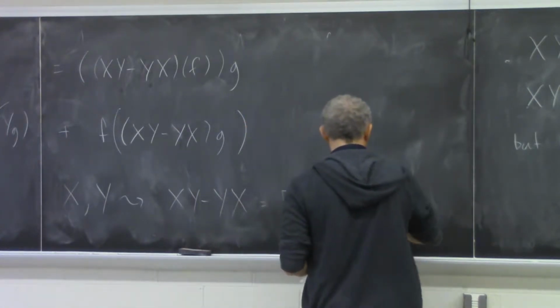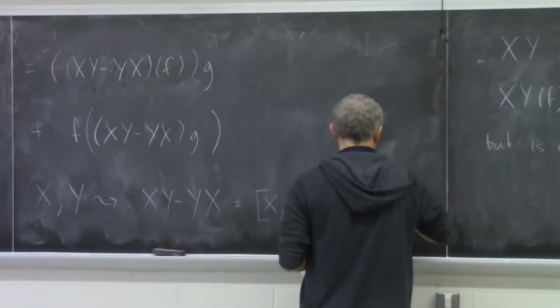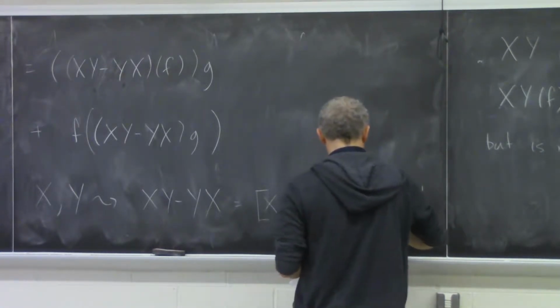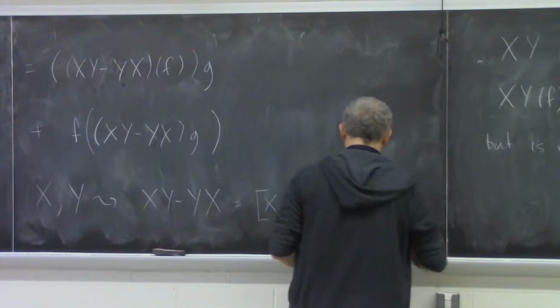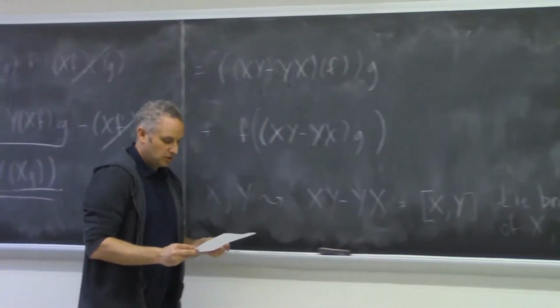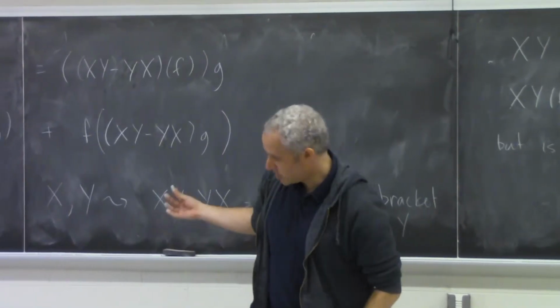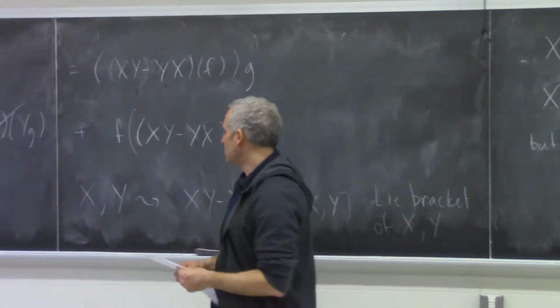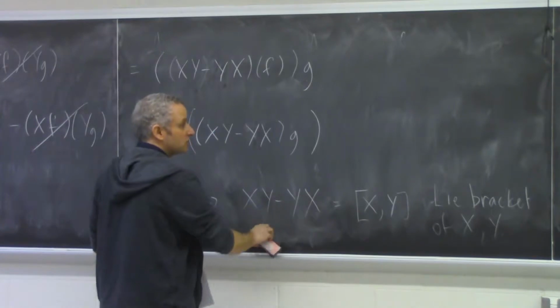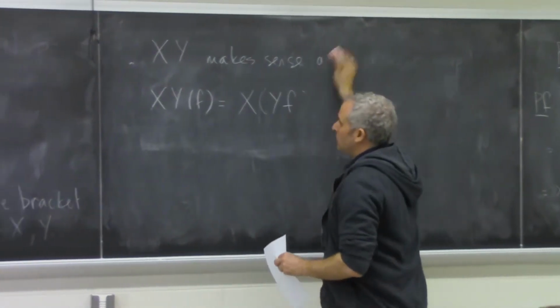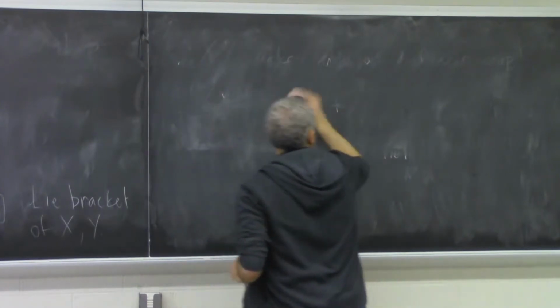So this is the Lie bracket of x and y. And it's a new vector field. And it's got a very simple definition. And it's got some simple properties that it inherits from its simple definition, which are useful to state.